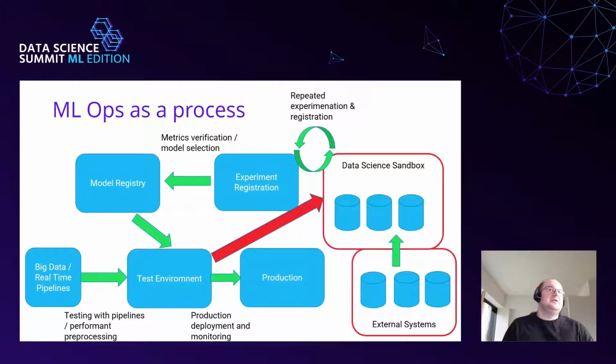Then, of course, once we either fulfill our criteria or we run out of time and have to settle for what we have, what we have as the best solution will go into probably some sort of model registry. But that's not the end, right? Usually the model is built on a small data set and it works well there, but it also pays off to wire it with the systems that are actually going to be applying it, like some big data or real-time pipelines in our case, and to have it tested in a test environment before we decide to go to production with it.